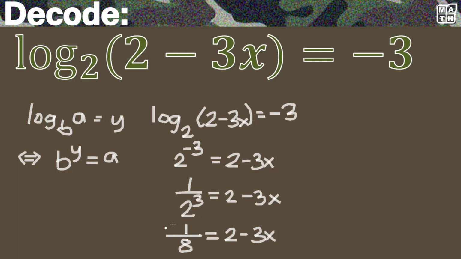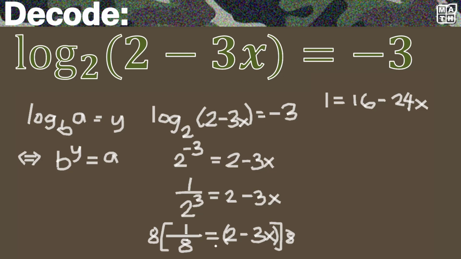To solve for x, we can try multiplying both sides by 8 so as to not be concerned with fractions here, but make sure when you multiply, you're multiplying 8 to the entire expression. So the other side will just be 1 equal to 8 times 2, that's 16, minus 3 times 8 is 24x.